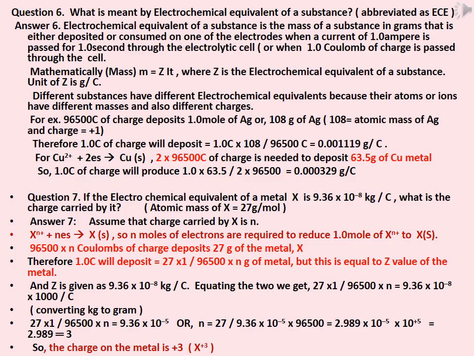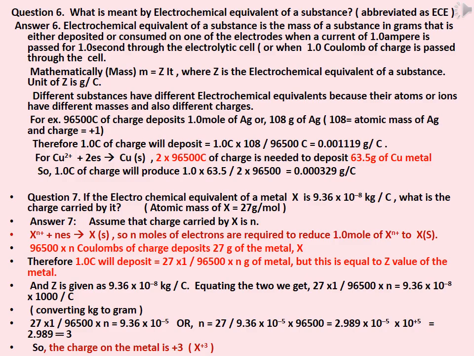Coming to question number 7, that is also related to electrochemical equivalent of a substance. Here the problem is: if the electrochemical equivalent of a metal X is 9.36 into 10 power minus 8 kilogram per coulomb. Just see that mass is given in kilogram, but always we have to report the mass in grams.